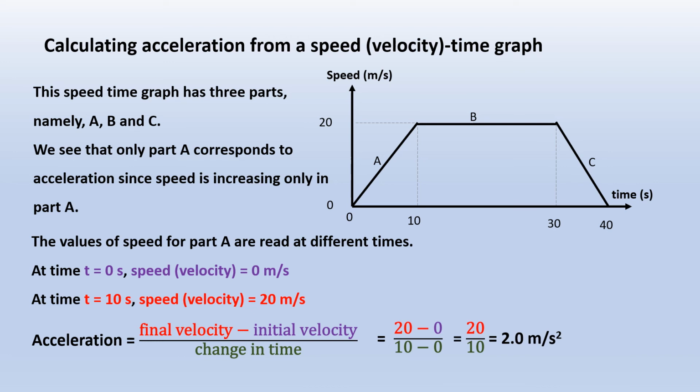So we have 20 minus 0 over change in time. The change in time is 10 minus 0, which gives 20 over 10. So the acceleration is 2 meters per second squared.